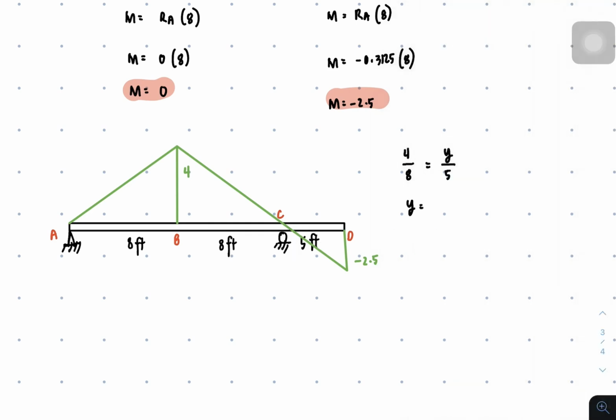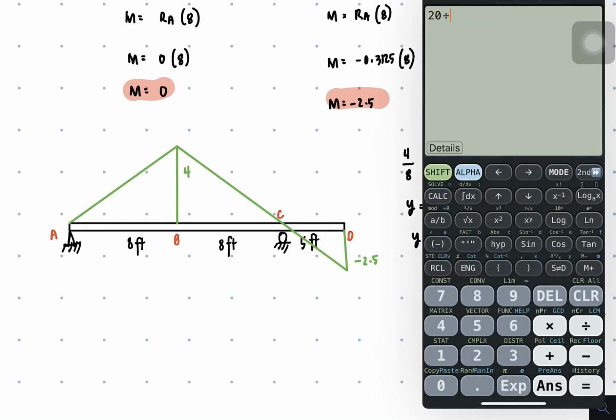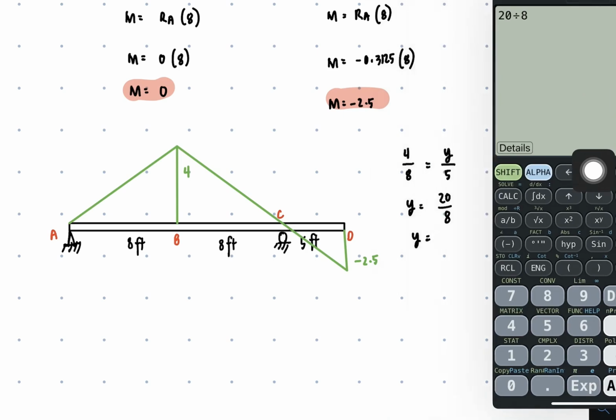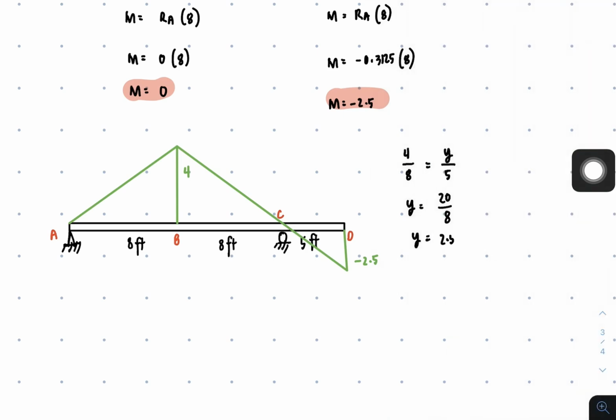So y is equal to 20 over 8, and of course it will give you 2.5, as you can see here. But make sure that you got the correct sign, negative or positive. So that's how to check whether you got the answer correctly or not.